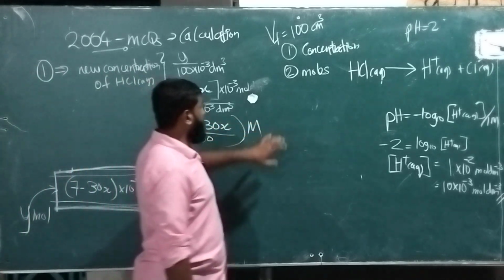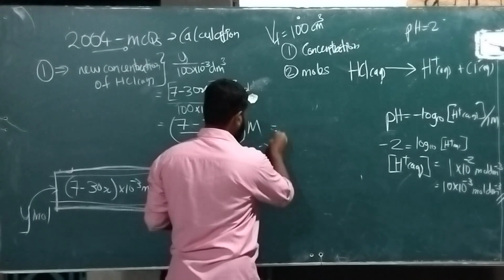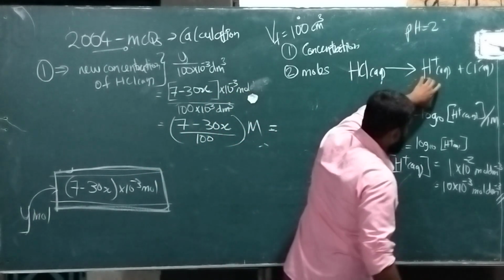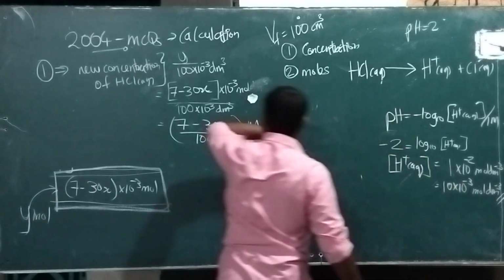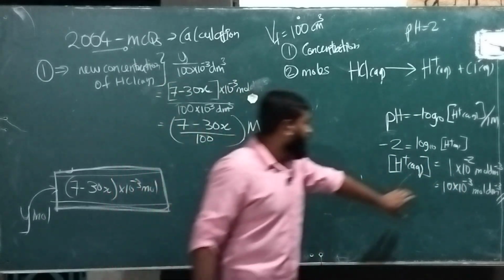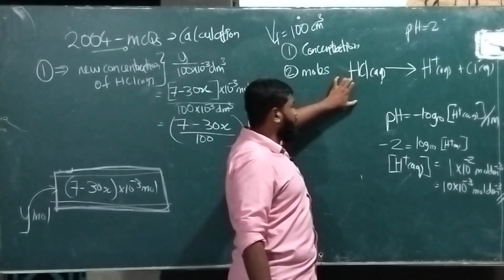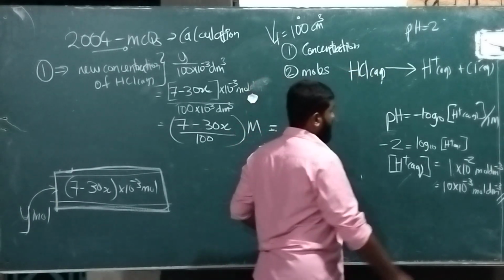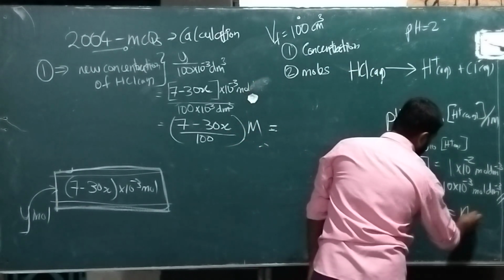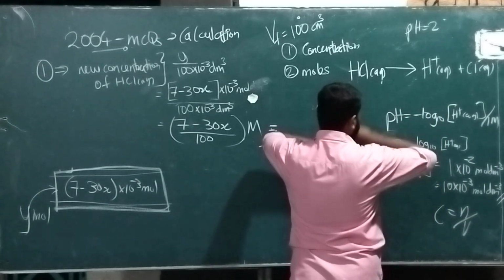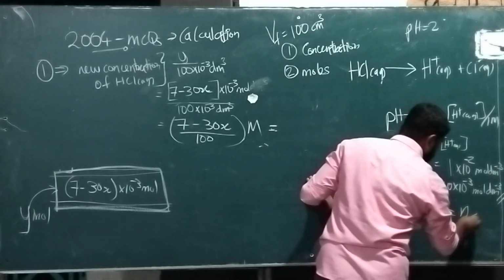So this M is going to be equal to this. Simple now, because concentration is equal to number of moles over volume. The volume of the final system is not going to change because it's 100 now, so it is constant.